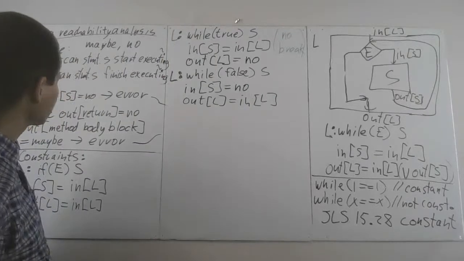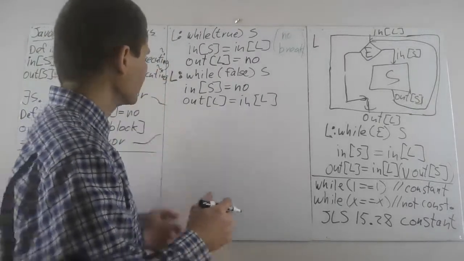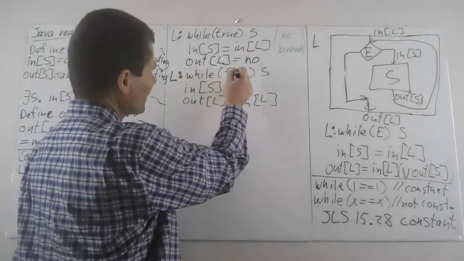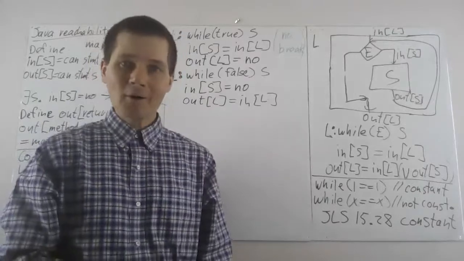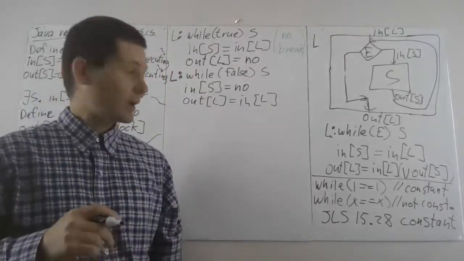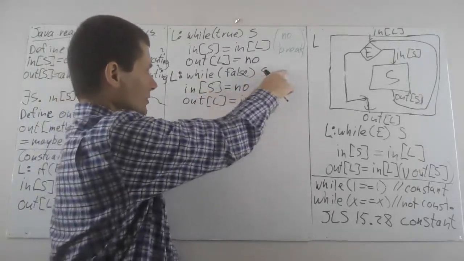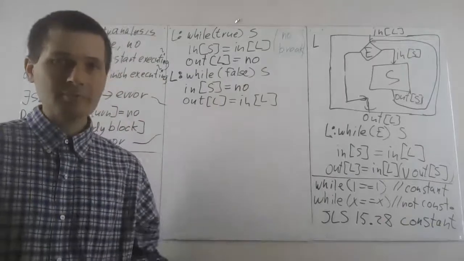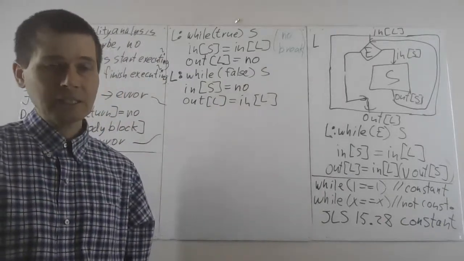Now, you might wonder, okay, if I'm not allowed to say while false and some instruction, what about if false and some instruction? After all, like here, n of s, or the body of the loop, is not reachable, so the compiler gives a compile time error.